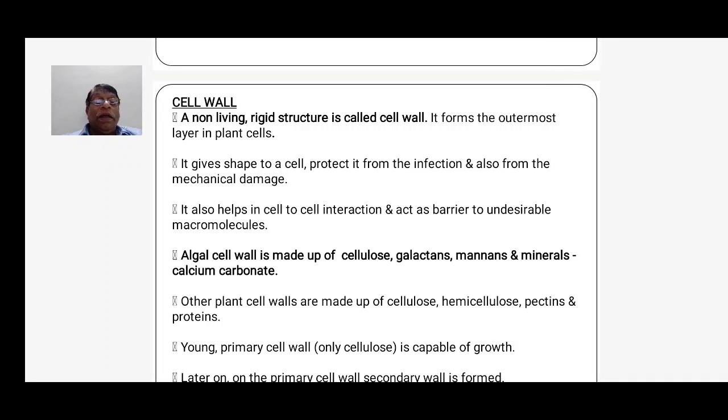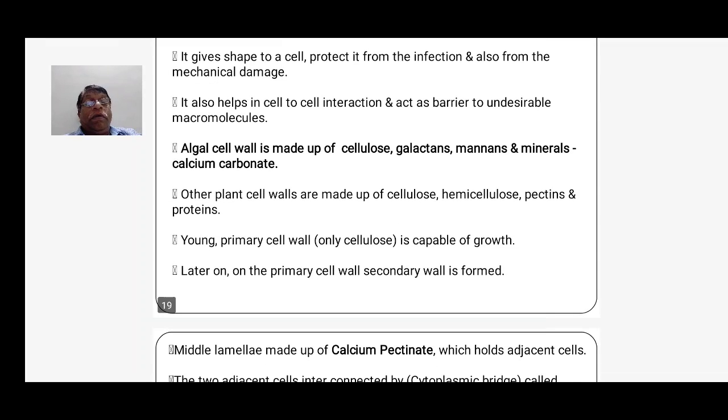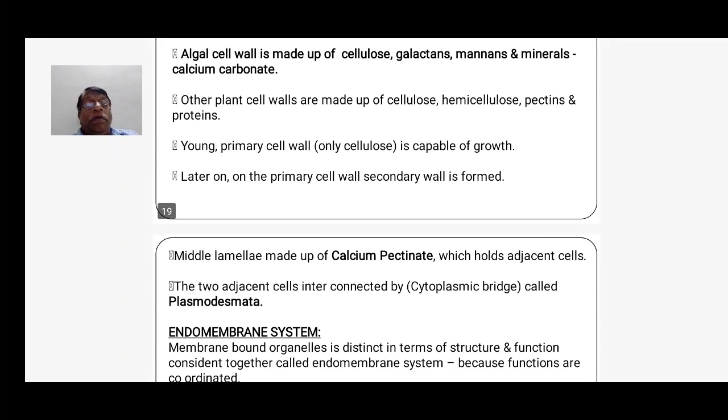Okay. So that's all about plasmodesmata and cell wall. Okay.